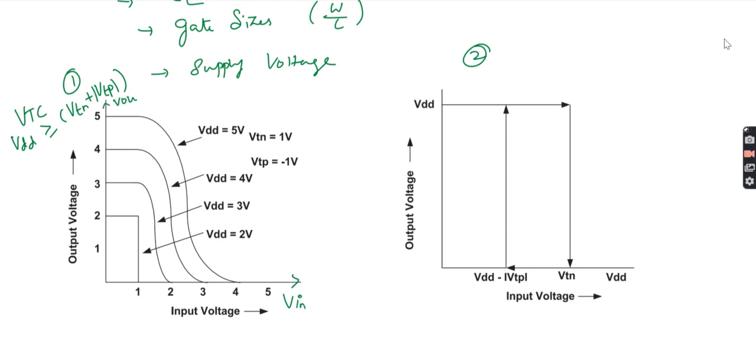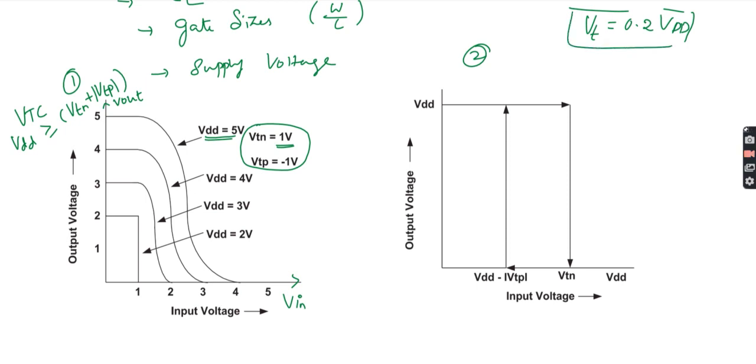This is your output voltage. For NMOS the threshold voltage is positive, for PMOS the threshold voltage is negative. Here 1 volt, minus 1 volt. As you know, the formula to choose the threshold voltage is VT equal to 0.2 times VDD. Correct? So here we are taking VDD as 5 volt.